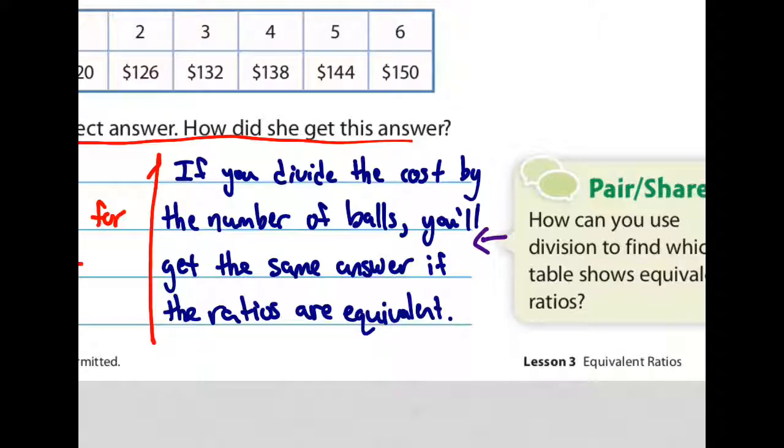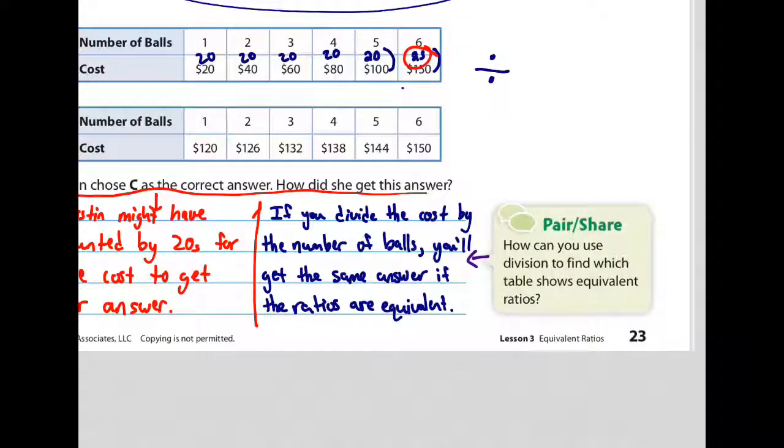Now, your answer might be different than mine, but you need to have this idea. Somehow, if you divide the cost by the balls, you should have the same answer for each ratio if they're equivalent. If you get a different answer, they're not equivalent. So if you need to pause this one and fix your mistake, that is okay.